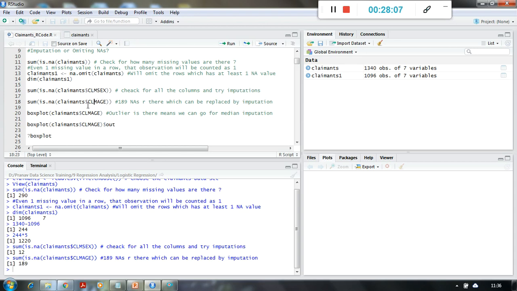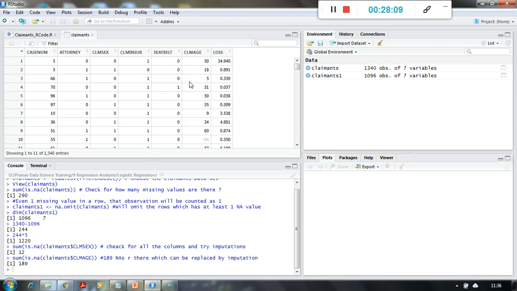Now why do I have to check this? Because if I want to find a solution to imputation, whether to go for mean imputation or median imputation can be judged from the number of missing values over there.